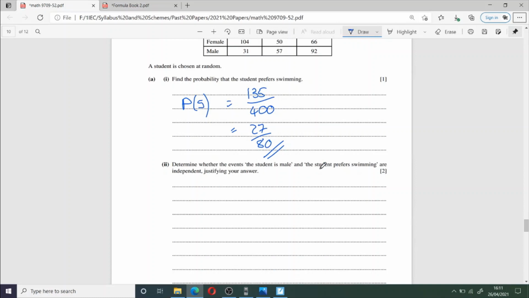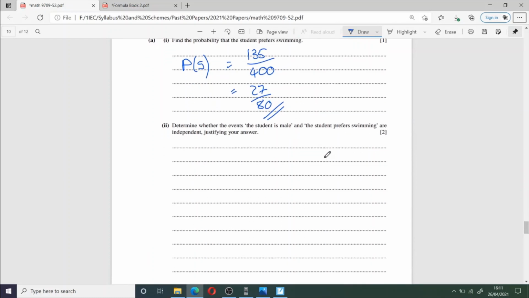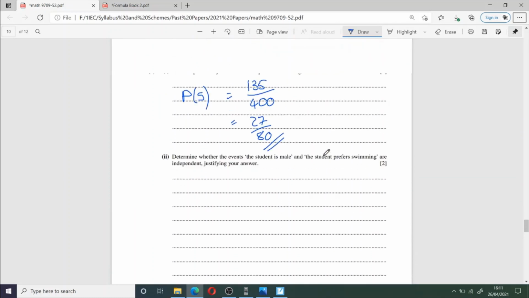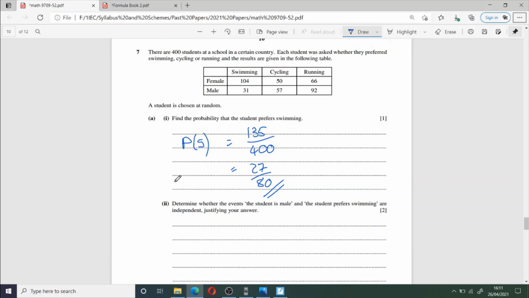The second part tells us to determine whether these two events are independent. So the events are: the student is male and the student prefers swimming. To show that these two events are independent, we are going to find the probability of being a male and the probability of preferring swimming, and if when we multiply them we get the probability of being male and swimming, if those two things are equal, let me just write that out to make it a little bit clearer.